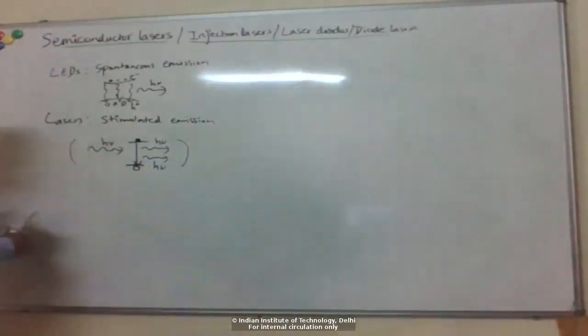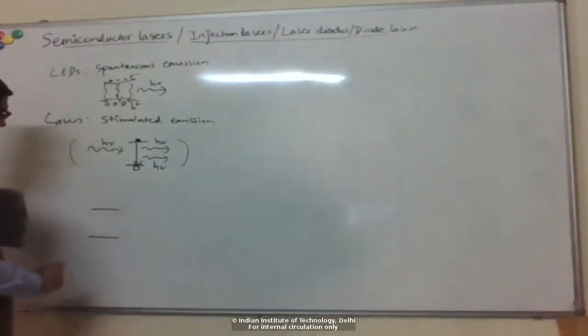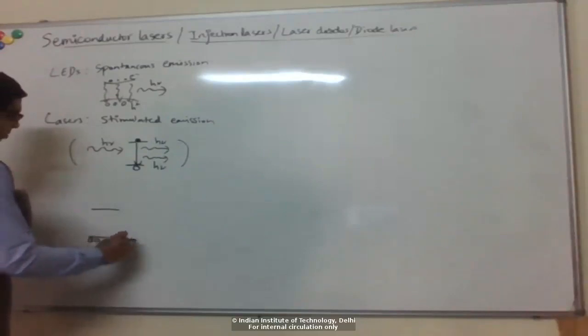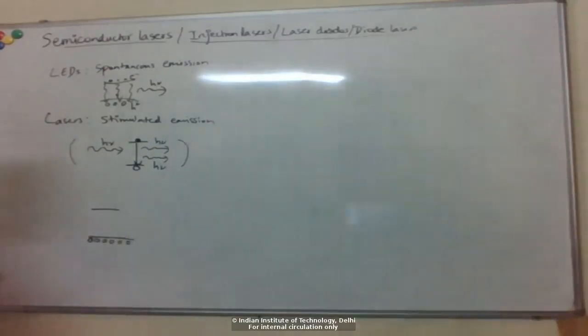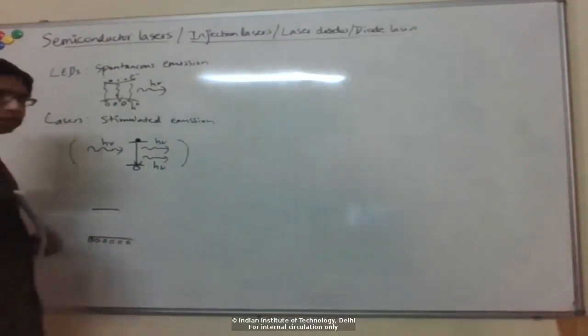Right, so population inversion, as you know, if you talk about any system, let's say you would have two levels, right? So typically what happens is most of your atoms which can absorb photons are in what is known as the ground state, right?